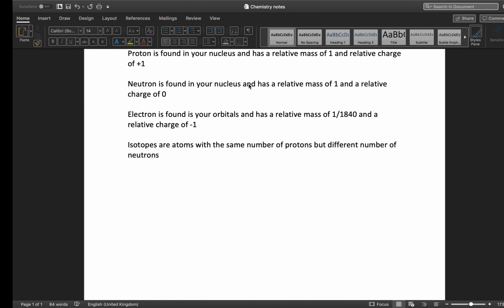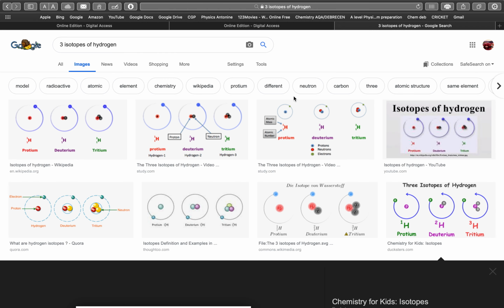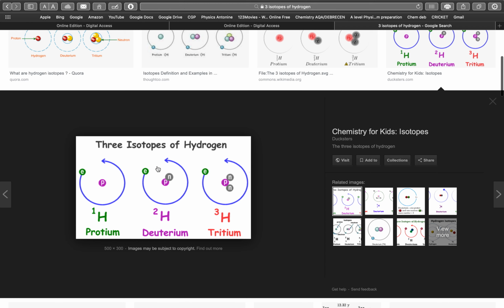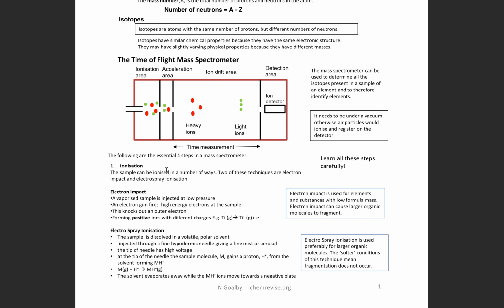Basically, isotopes have the same chemical properties because they have similar nuclei, but different physical properties because you're increasing your nucleon number. It's more like common sense.